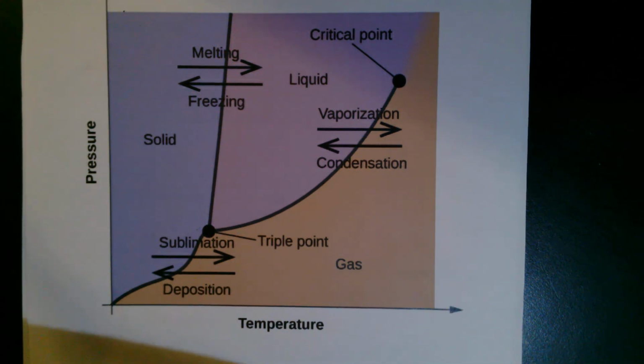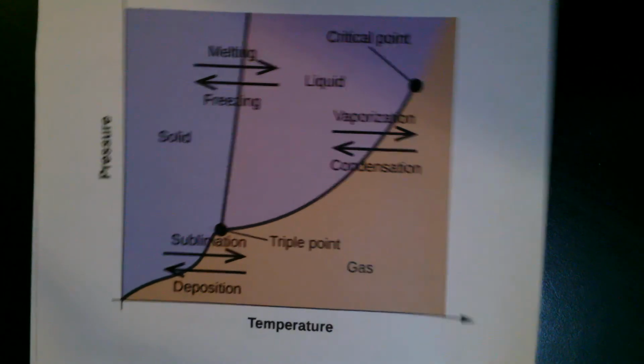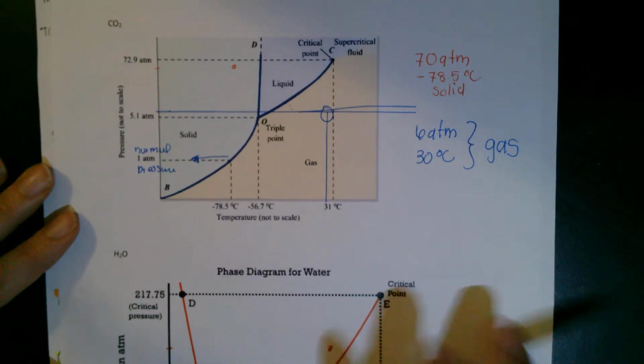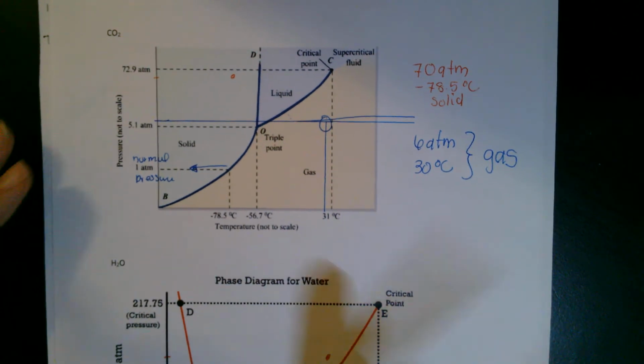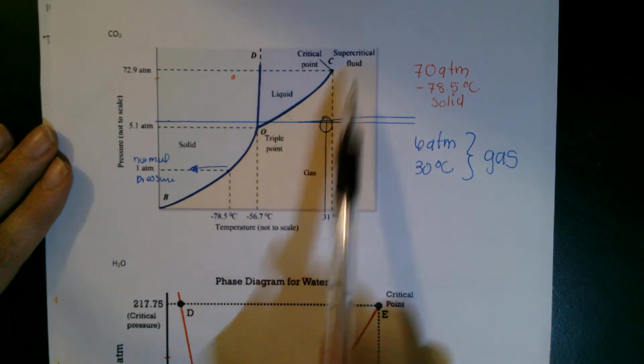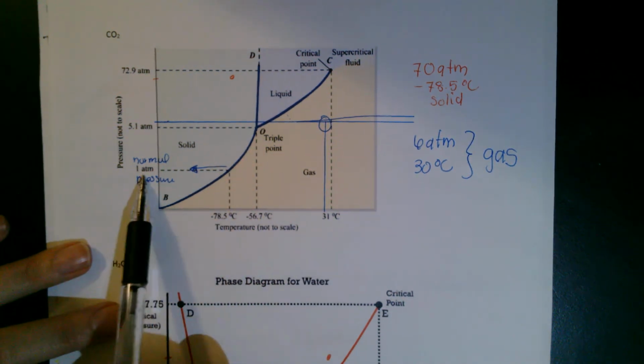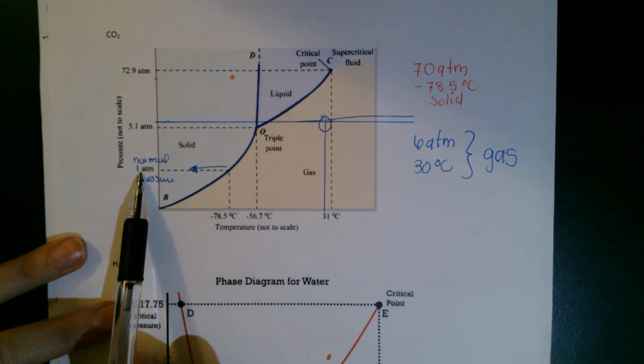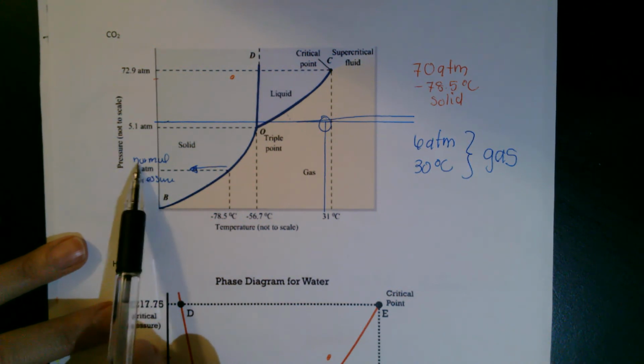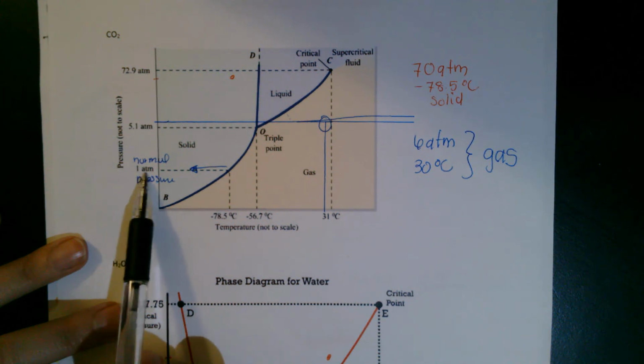Okay, so we're going to look at two different phase diagrams. We have CO2 above. Again, very similar to the one I showed there, but now we have a scale on here, so we can see where a lot of these points lie. First, a lot of times we refer to a normal pressure, which is 1 atmosphere.